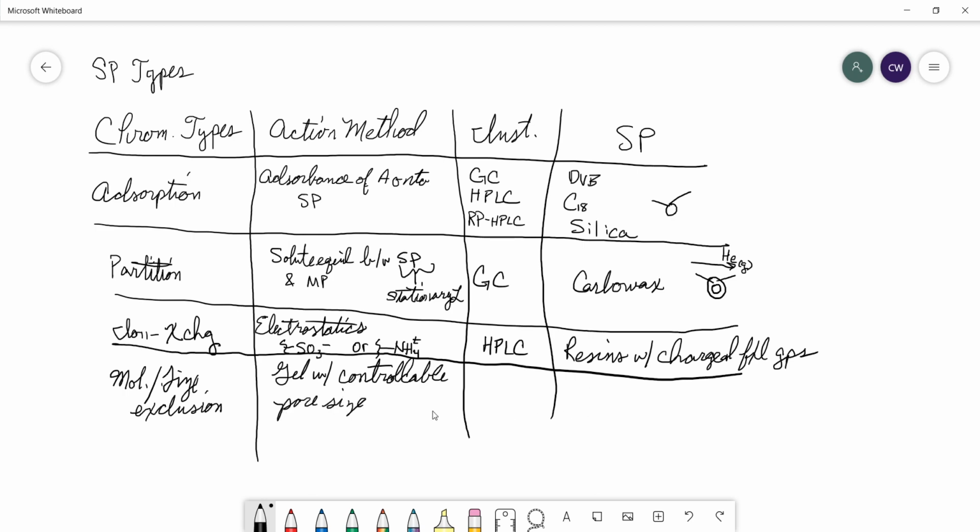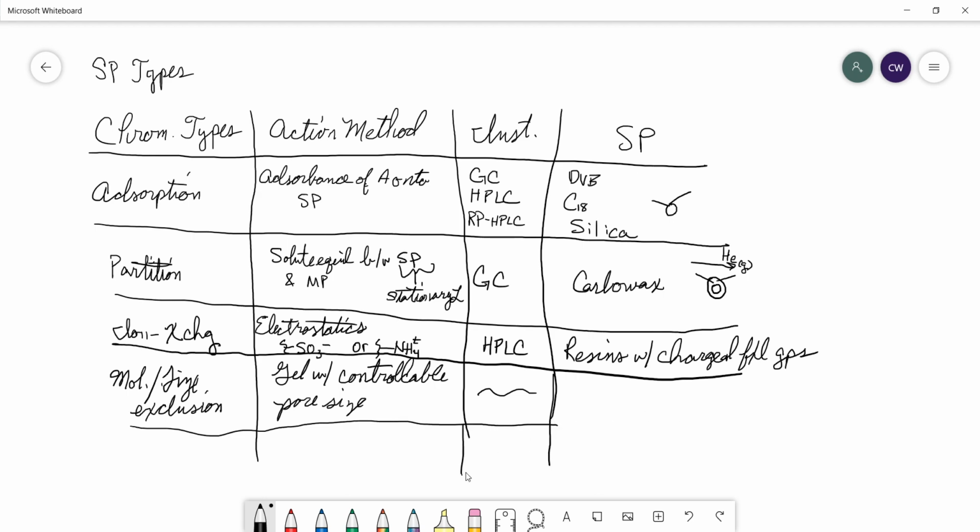Things that are bigger than the pore size will take a very quick route through the stationary phase, and so they get eluted very quickly. Whereas things that are smaller than the pores will take a very circuitous route through all the different little pores in the column, and so they come out very, very slow. There are no real instrumental methods that use this, although UV-vis detection is often employed.